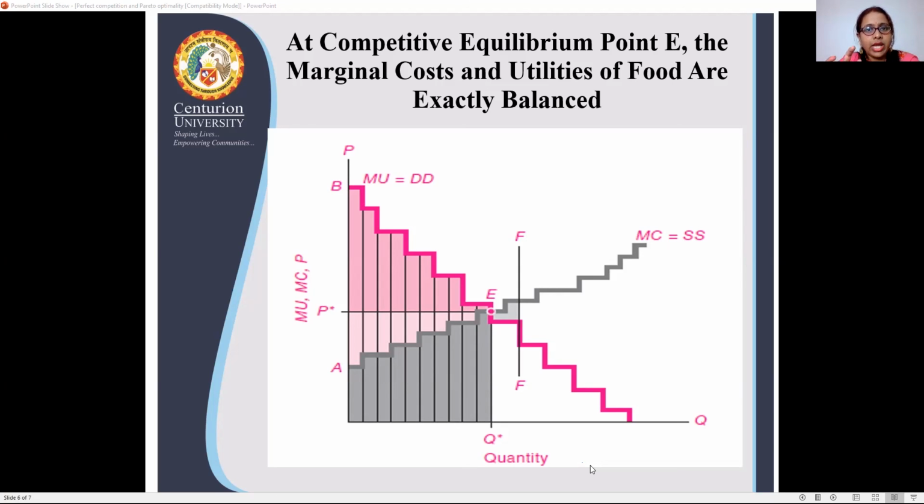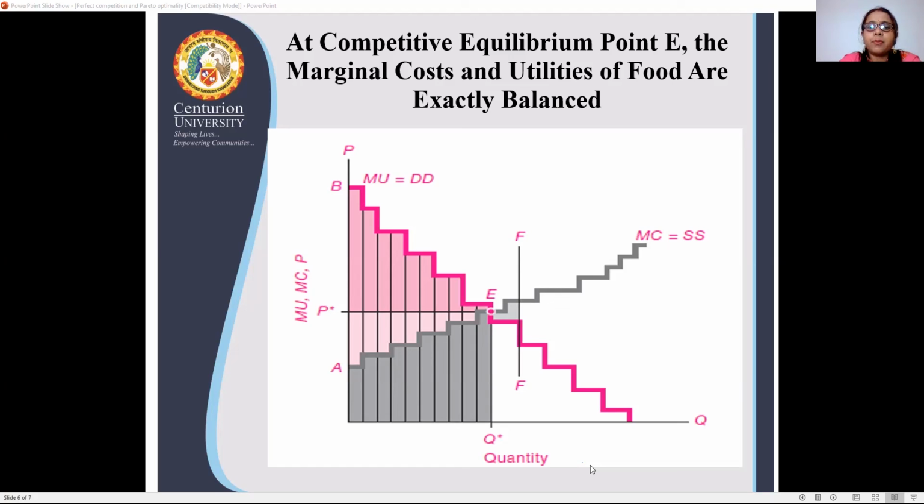So MUA divided by price A is equal to MUB divided by price B, and so on. In this case, as long as the ideal conditions are met, a competitive economy is efficient with a multitude of goods and factors of production.